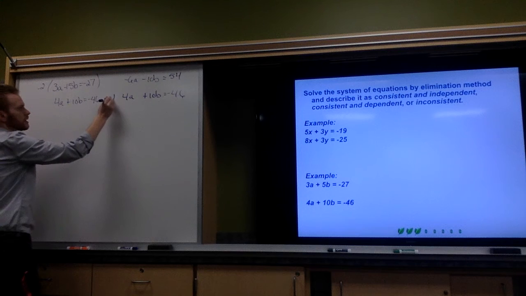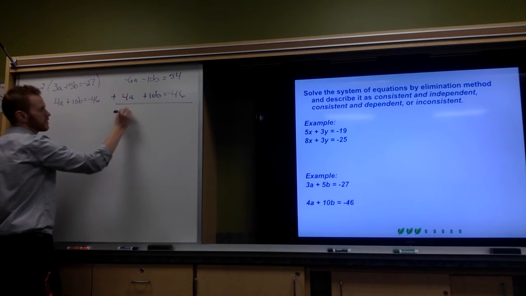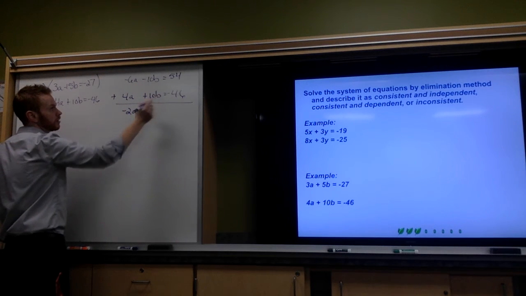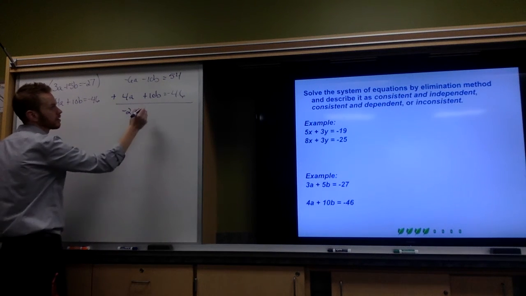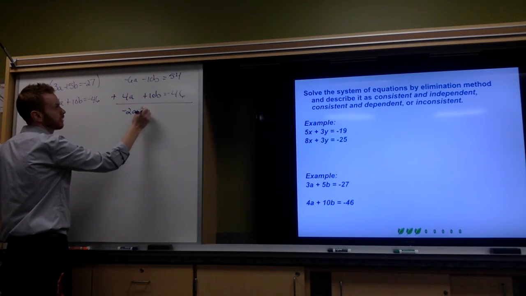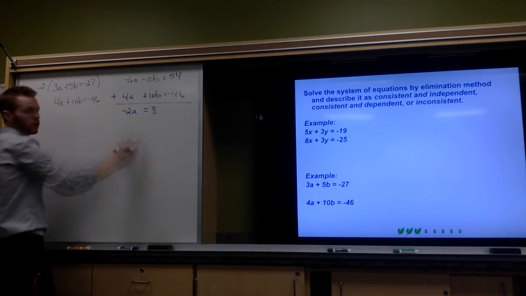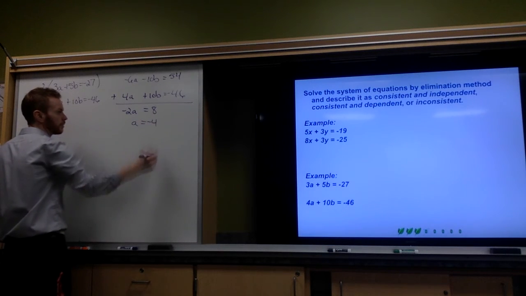Now I'm going to add these together. So -6a plus 4a is -2a. These guys are opposites, I get 0. 54 and -46, what, 8? I believe, right? Yeah, 8. Now solve what's left. Divide both sides by -2, I get -4 for a.